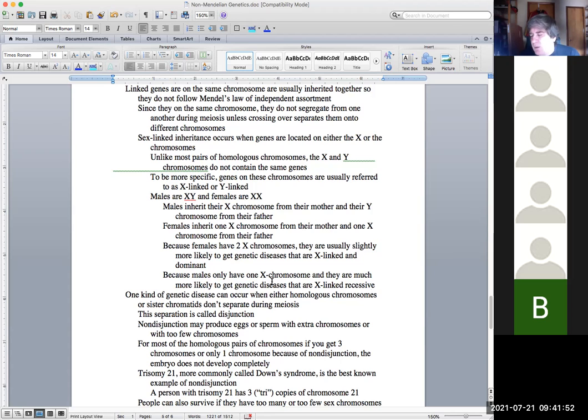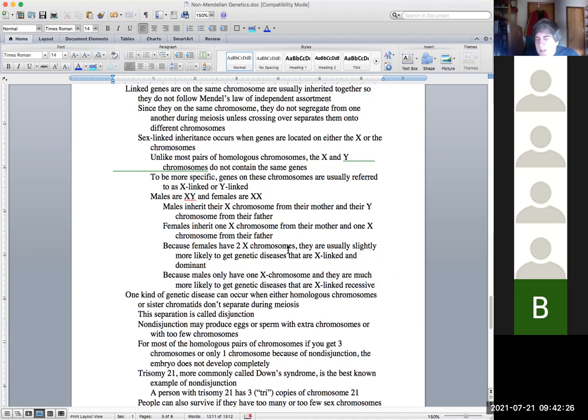But a girl who gets an X chromosome with the allele for red-green color blindness still gets another X chromosome from the other parent. And the alleles for the normal condition are more common, so the other X chromosome she gets probably has an allele for normal color vision. So men are more likely to get genetic diseases that are X-linked and recessive.